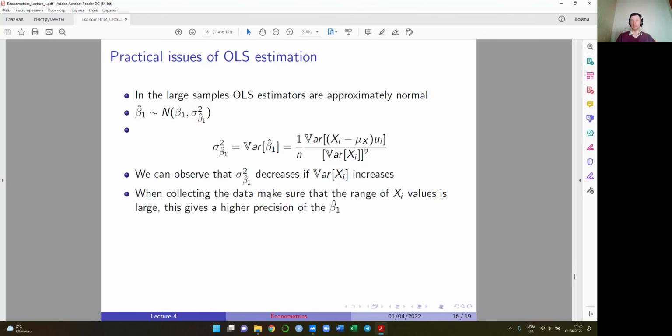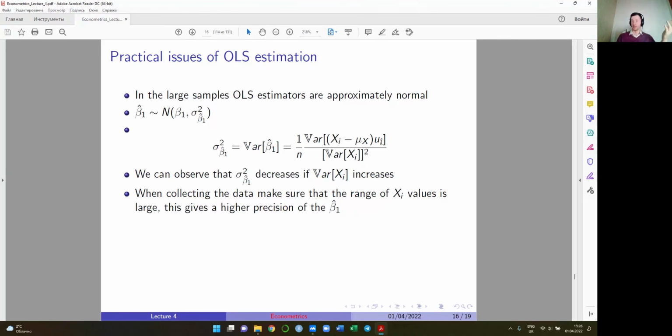So when collecting the data, make sure that the range of x_i values is large, because it will give us a large variance of x_i, and given a large variance of x_i, the variance of beta 1 hat is going to be smaller, and it makes our calculations more precise. On the other hand, in the numerator, we have the variance of x times u, which is the covariance between x and u also.